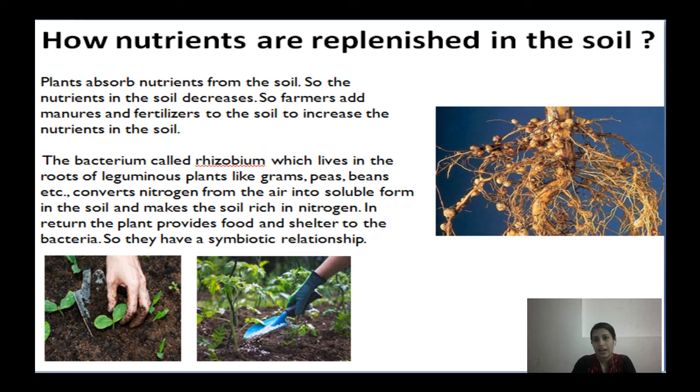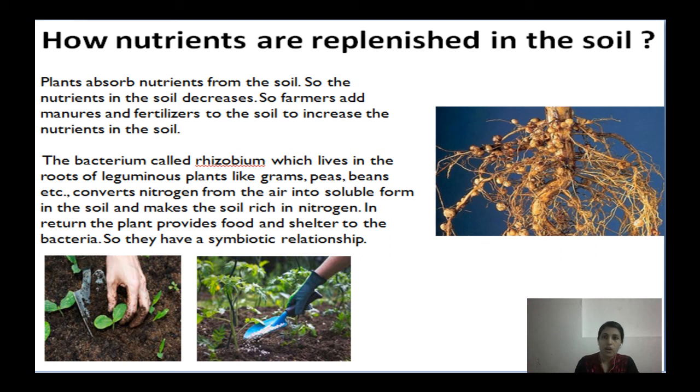Like they use carbon dioxide, they cannot use nitrogen directly. They need nitrogen in the soluble form. So the farmers add manures and fertilizers to the soil to increase the nutrients in the soil.